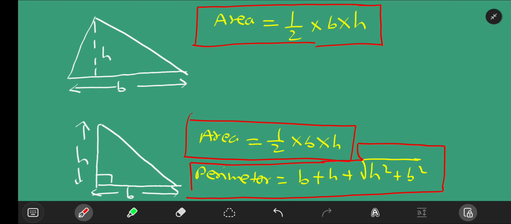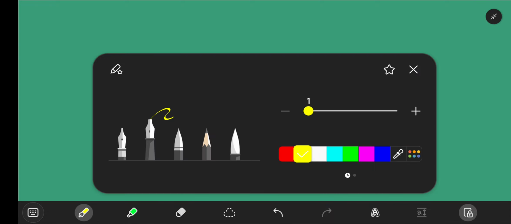Okay. Next type of triangle is the isosceles triangle. In an isosceles triangle, two sides are equal.